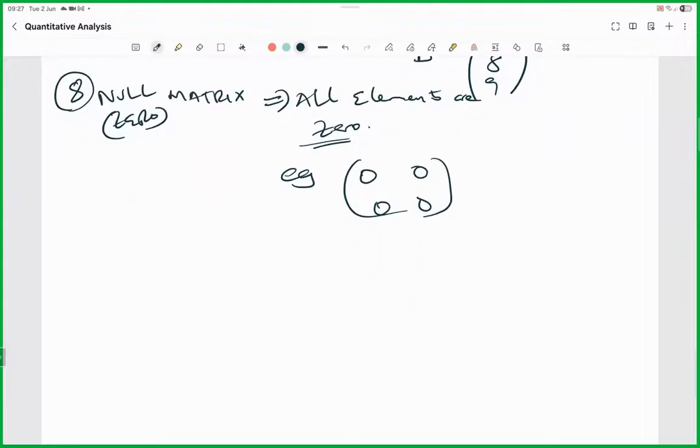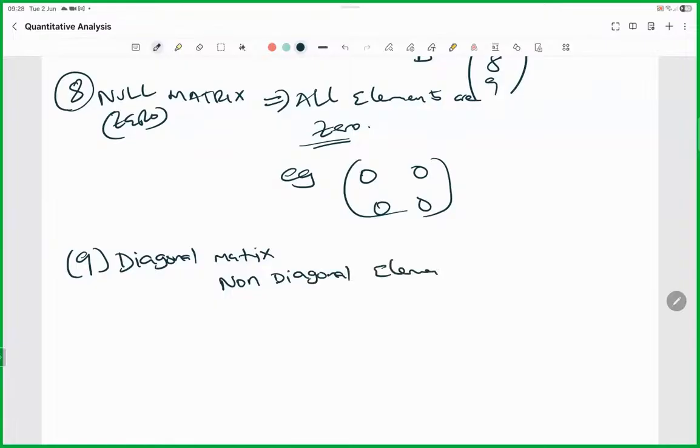Then there are so many. We have, for example, a diagonal matrix. These are the same as scalar matrix, no? The most important thing you're supposed to know under this diagonal matrix is that non-diagonal elements are 0. The main diagonal, they don't have to be 0.